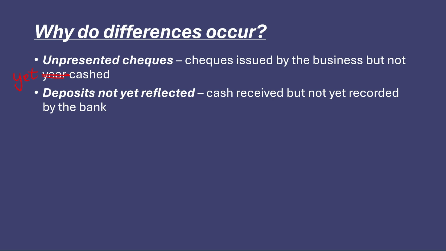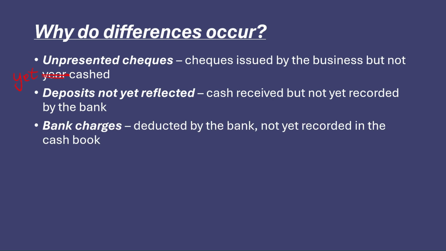What happens is that that transaction is recorded in the business's cash books, but it's not yet recorded by the bank. So that's when the difference is going to occur, because that transaction has already been done in the business's cash books, but the bank has not yet recorded it on their side.